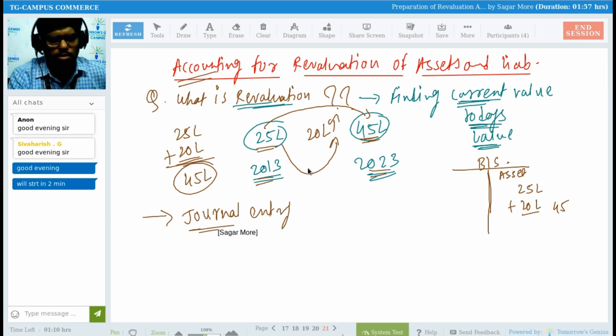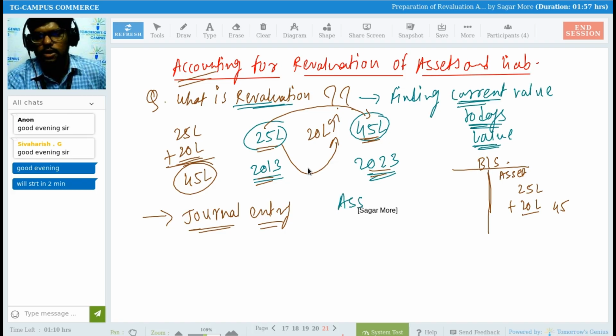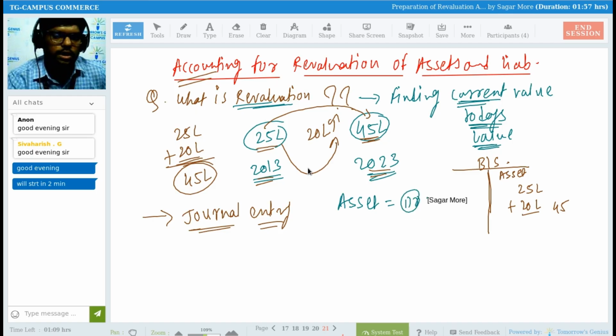Okay, sir, fine. We can pass a journal entry. But my question to all of you, sir, is this flat an asset or not? Yes, sir, this flat is an asset. So asset means debit or credit? Debit. So asset means debit. What you are doing today? You are increasing the value of the asset, no?